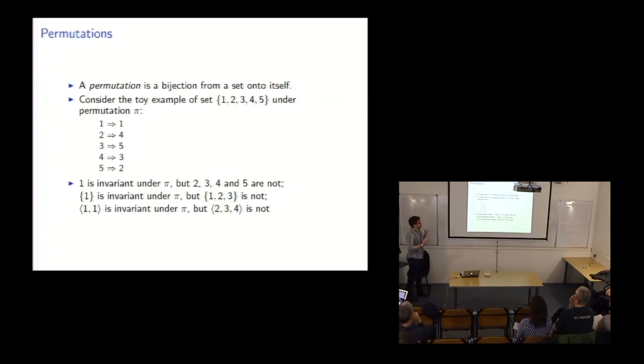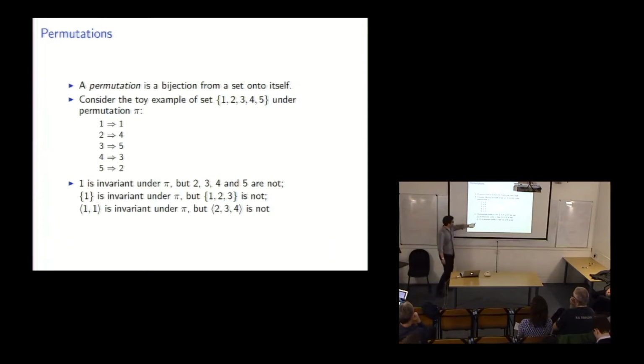Now once we've permuted the set in that way, we can talk about things being invariant or variant under that transformation. So on this particular permutation, which we're calling pi, 1 is invariant, because 1 got mapped to itself. So it's the same after the permuting as it was before. All the other numbers, 2, 3, 4, and 5, aren't, because each of those got mapped to something different.